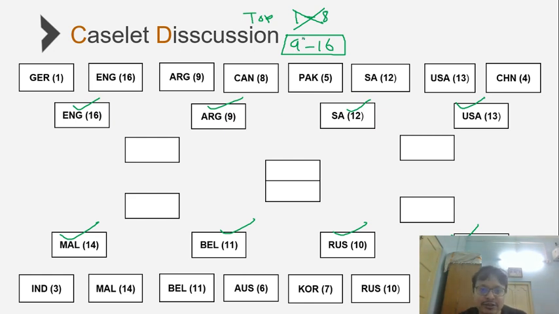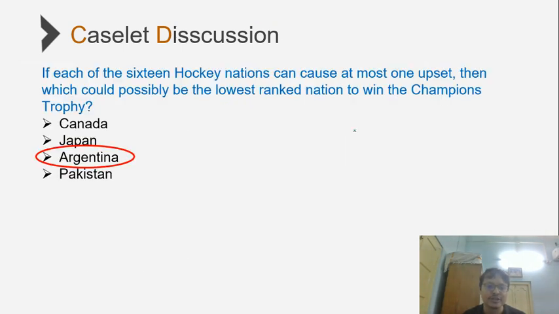And the best team out of the teams ranked 9 to 16 is the team ranked 9th, that is Argentina. Given that all the other teams have caused one upset in the first round, they cannot cause any more upsets. So the team ranked 9, being the best of the 9 to 16 ranked teams, will go on to win the trophy. Hence the answer is option C, Argentina.